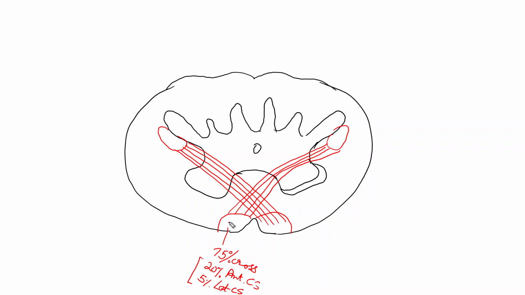So 75% from here will reach this corticospinal tract, 5% from here will reach this corticospinal tract, and 20% from here will form the anterior corticospinal tract on the same side.